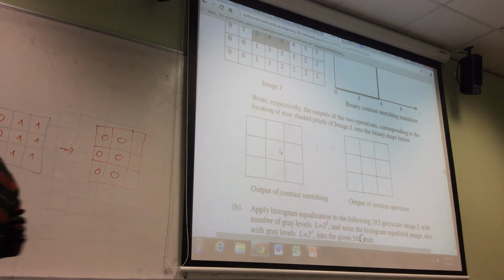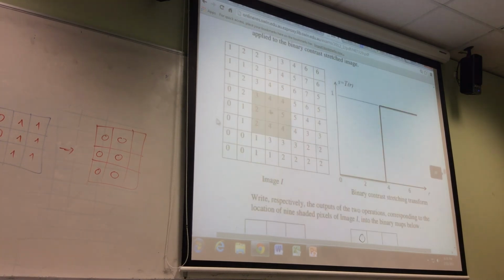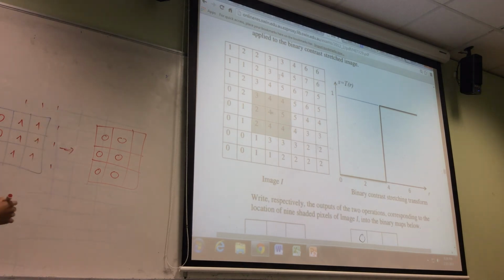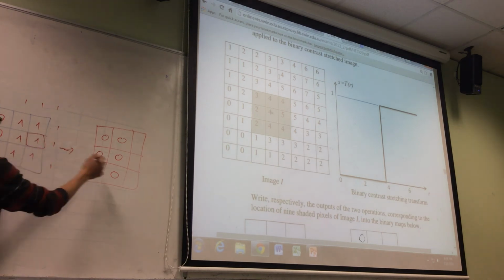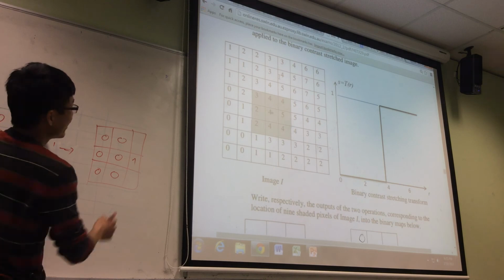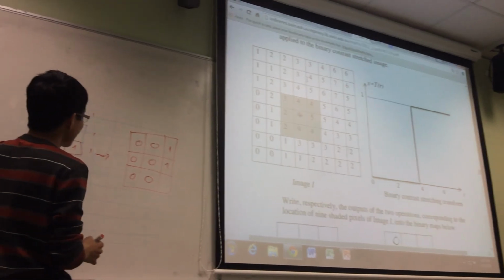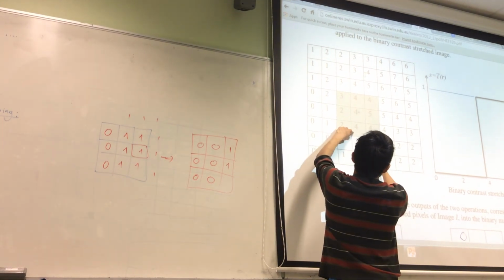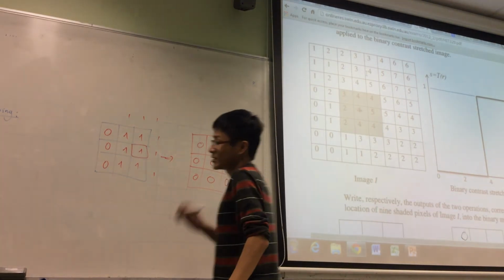What is outside this? 1, and the next one will also be 1, so this one will become 1. The one above is 1 too. How about this one? Around it are 0, 0, 0, so it's 0.